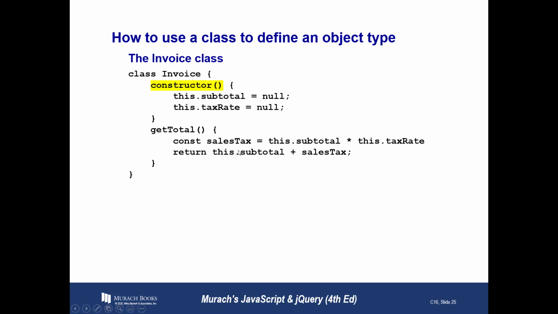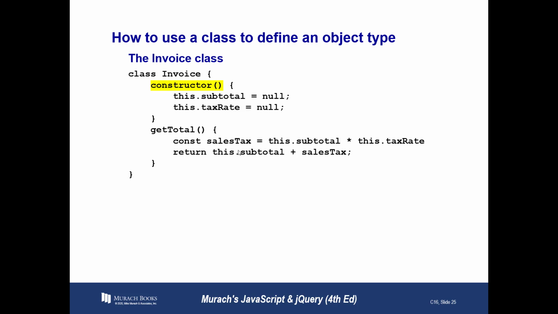All right, how to use a class to define an object type. Now, this is fairly new. All right, this is not totally, but this is more like classes are done in a language like Java, not JavaScript, Java. Now, there are differences, all right? But this is more the way that it's done. And this has changed over time.